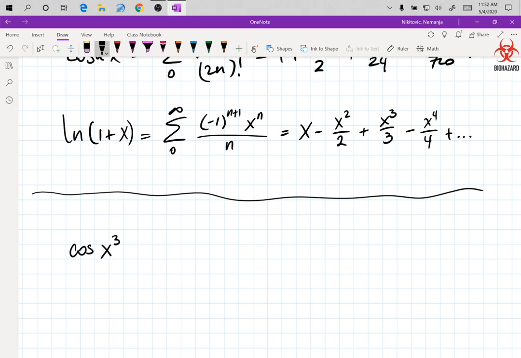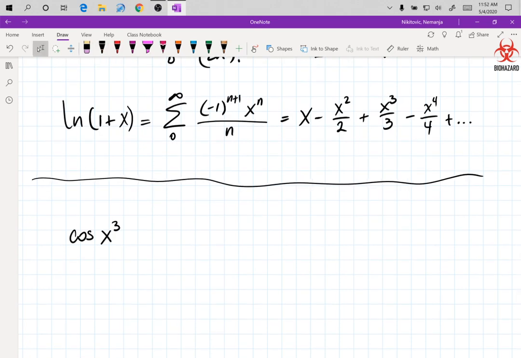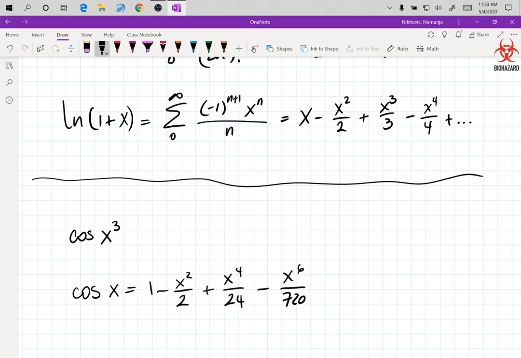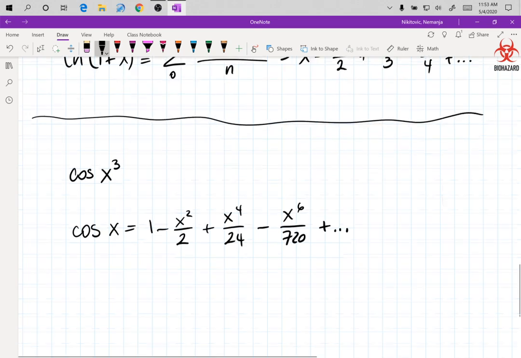So the way to deal with cosine of x cubed is you write the cosine definition down, and that is going to be, by what we had up there, 1 minus x squared over 2 plus x to the 4 over 24 minus x to the 6 over 720 plus dot dot dot.